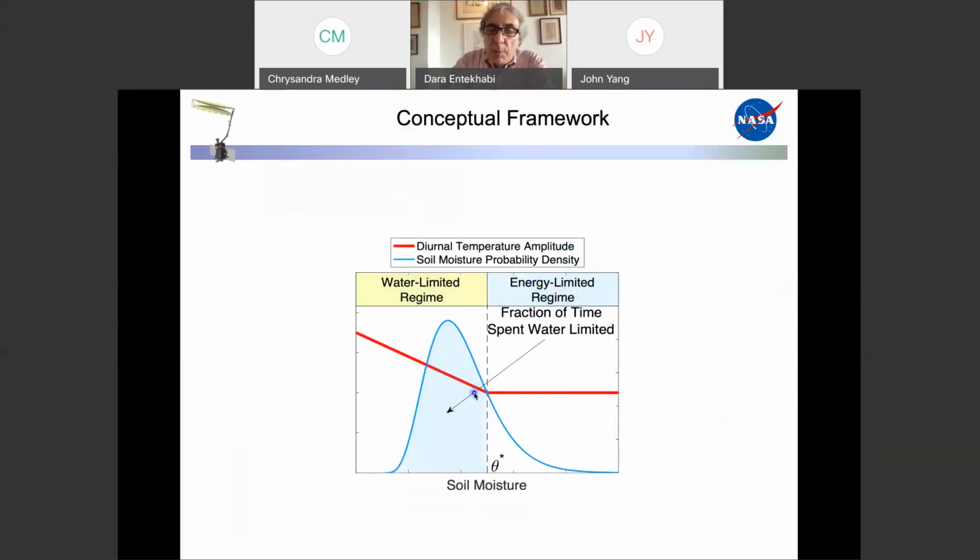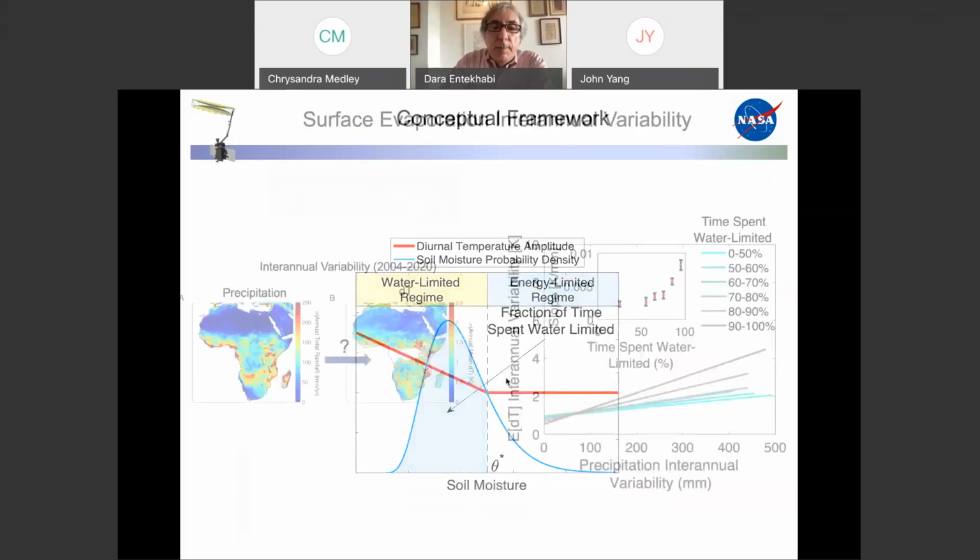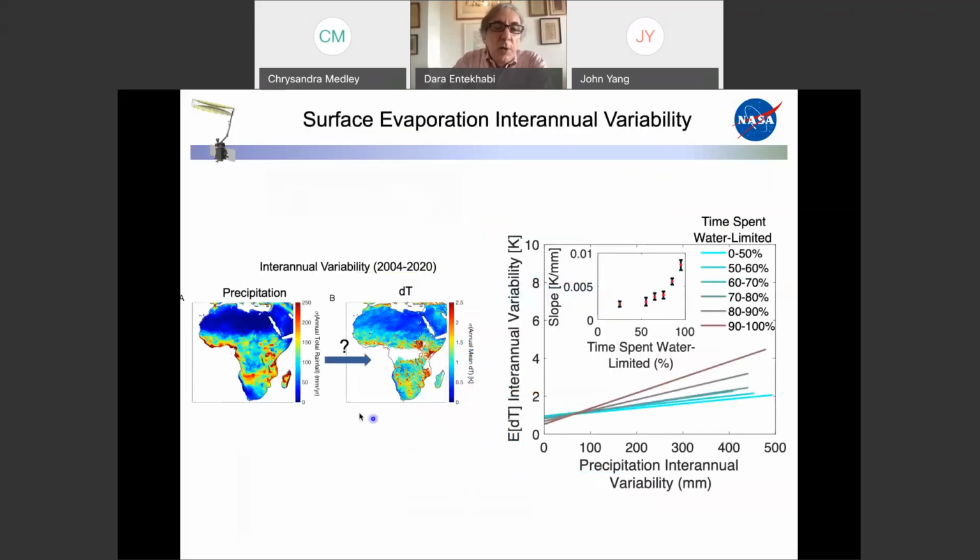And again, it's a problem of derived distribution. This is the PDF of soil moisture, and it moves left and right year to year, and it determines the landscape response. So if your PDF is all in here, you're not going to get much of a response. And if you transition between the two a lot, that means that on climate scale, you're going to be very sensitive as well.